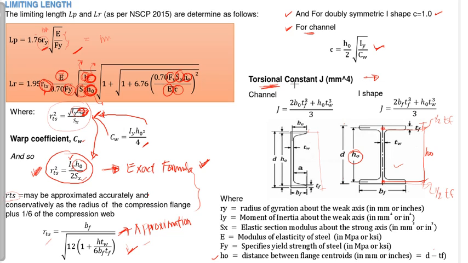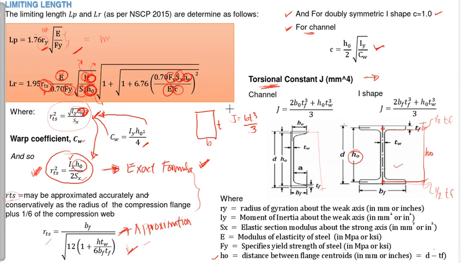Basically, the higher the value of J, the higher the resistance against torsion. If you remember, generally for a rectangle with width B and thickness T, J is equal to BT cube over 3.